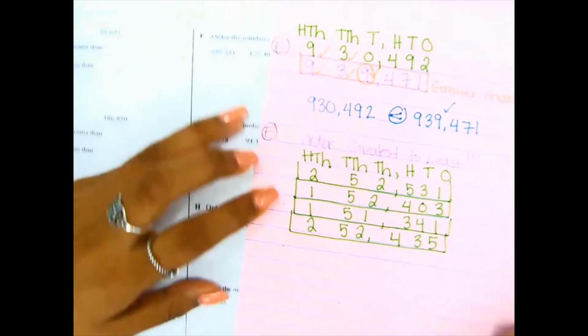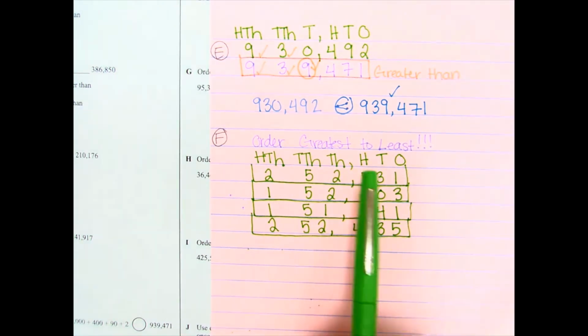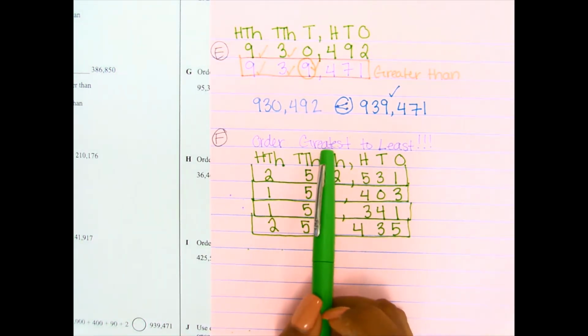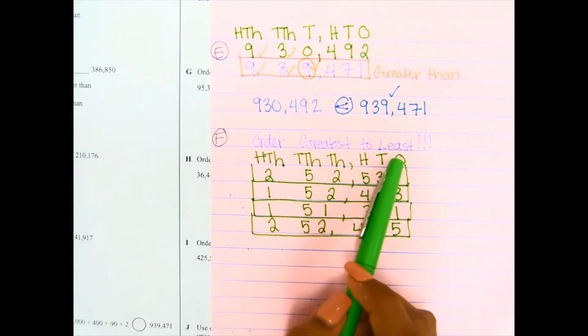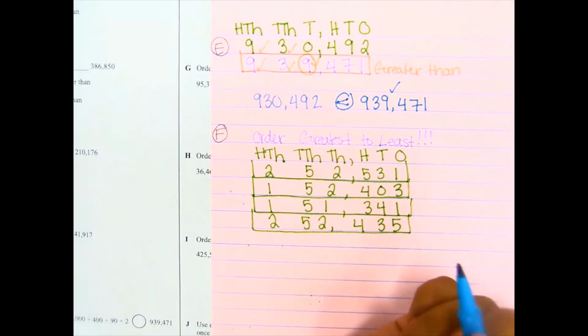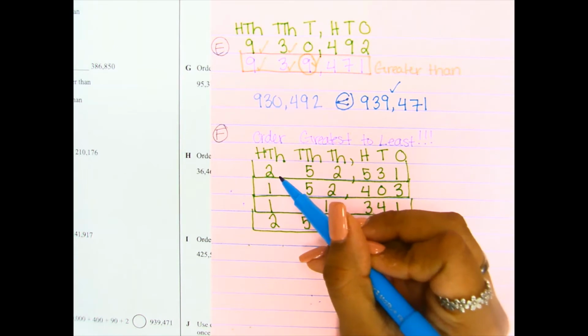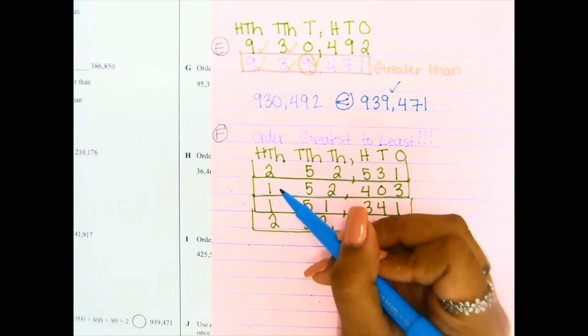So now let's look one by one. First, let's start by looking for our greatest number because you want to order it from greatest to least. We're going to compare one by one. Let's look here. There's a 2 in my 100,000s place, and there is a 1 in my 100,000s place. Which one is greater? Correct, our 2.